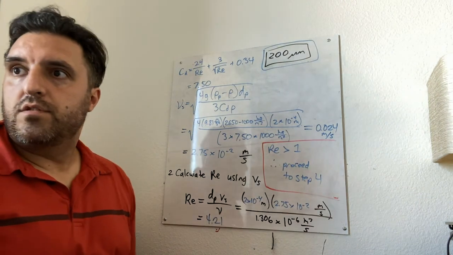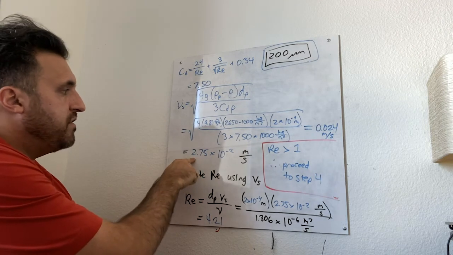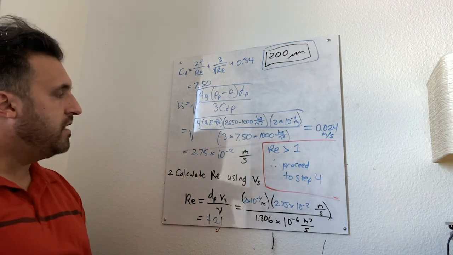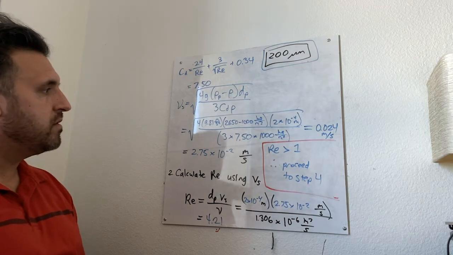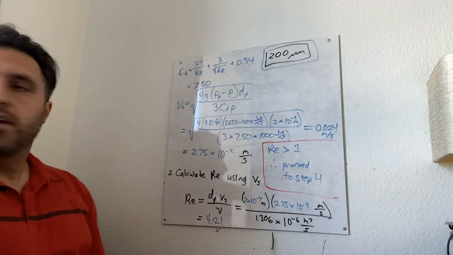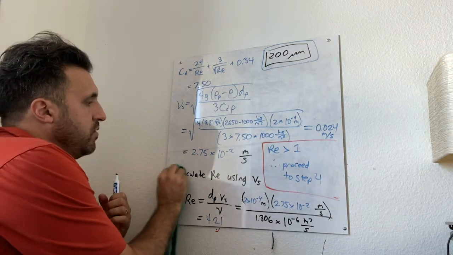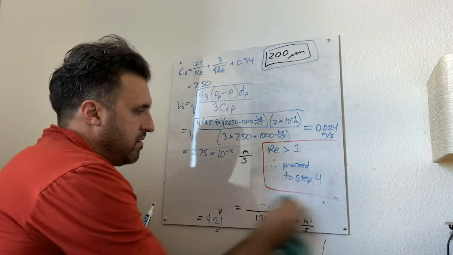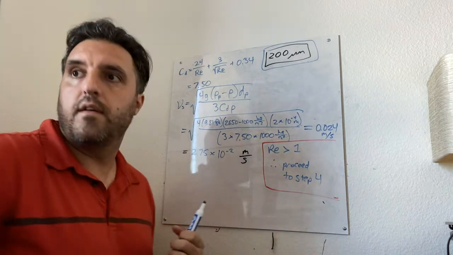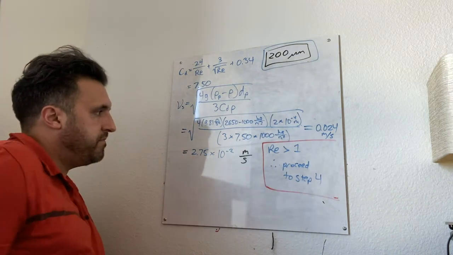Alright, so you can see that's slightly different than our initial guess of 2.75 times 10 to the negative 2, or 0.0275. So next we're going to move on to step 6, which is to recalculate the drag coefficient using the new settling velocity.